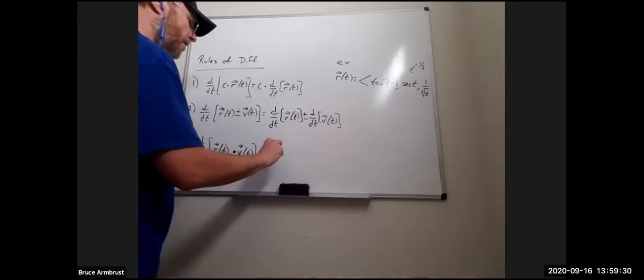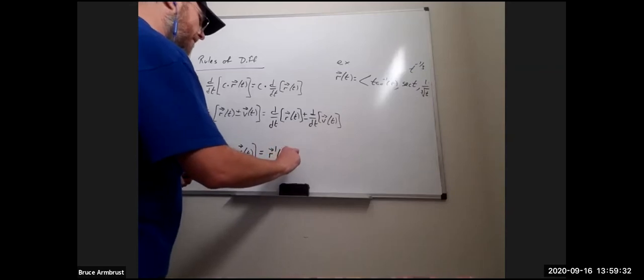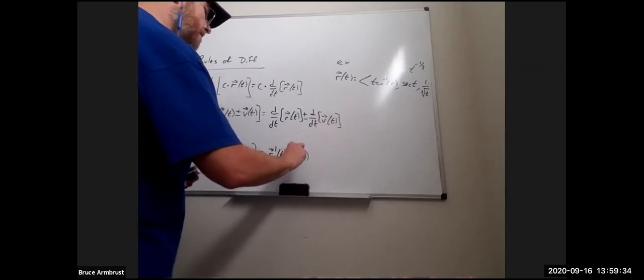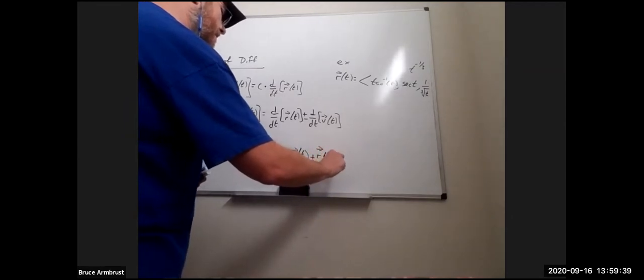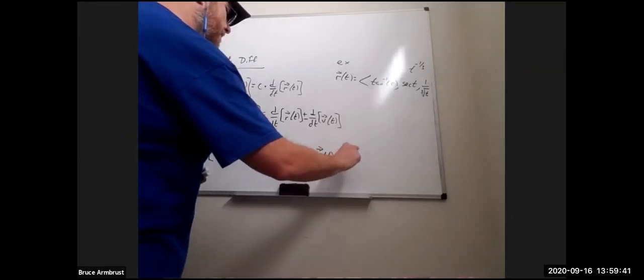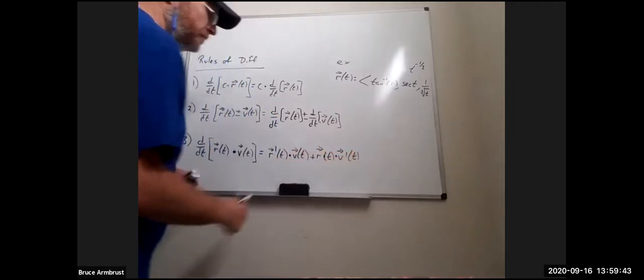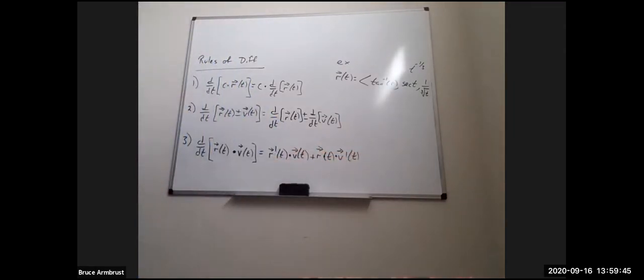We're going to get r prime dotted with v plus r dotted with v prime. So the dot product rule, everything's good. Don't have to worry about it. Everything is exactly what we expect. It's fine.